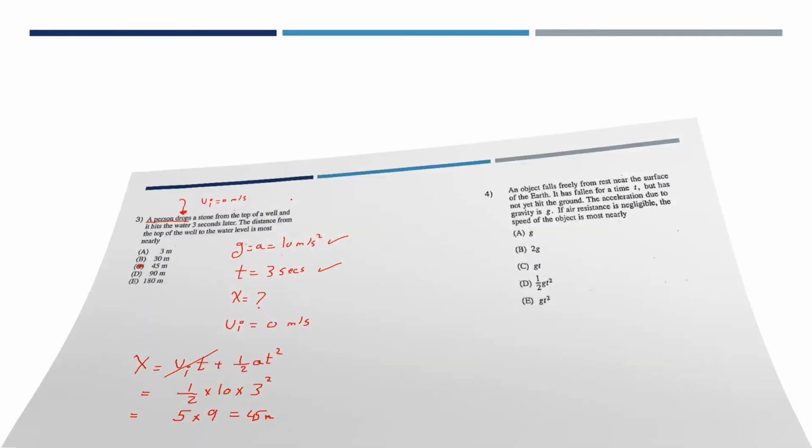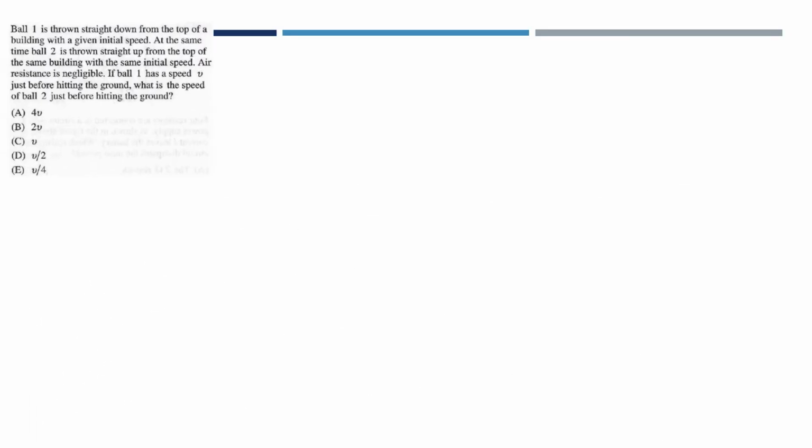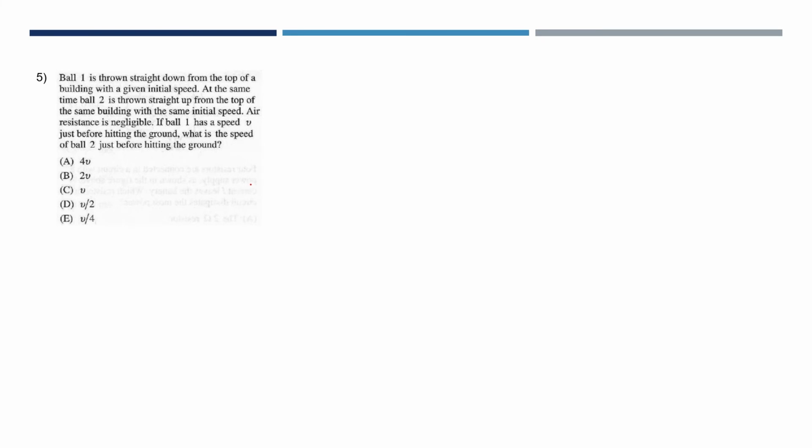Let's now move to question number 5. Ball 1 is thrown straight down from the top of a building with a given initial speed. So we have a building and ball number 1 is thrown straight down with an initial speed.